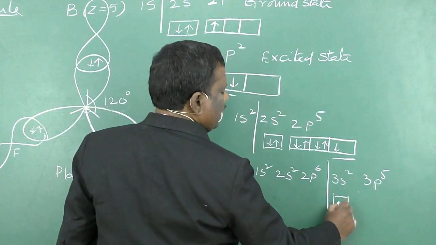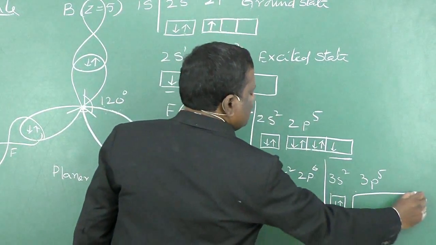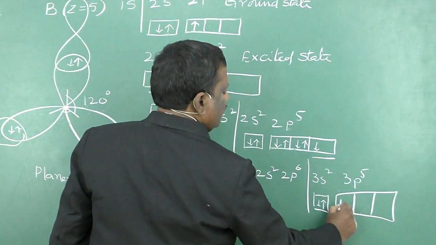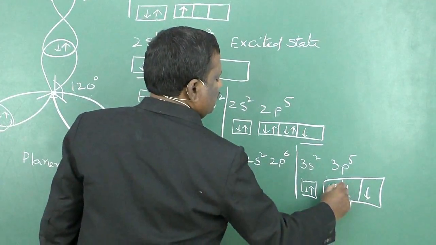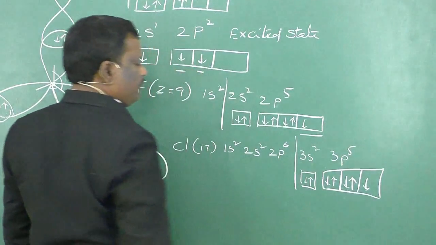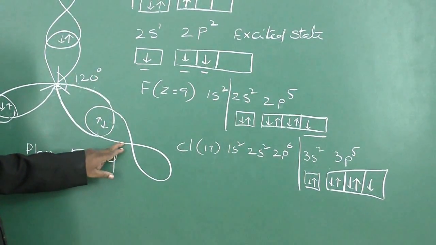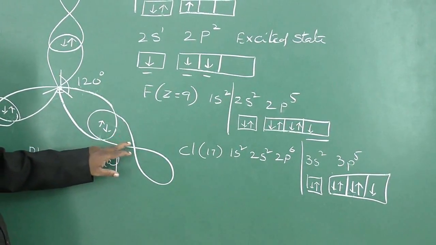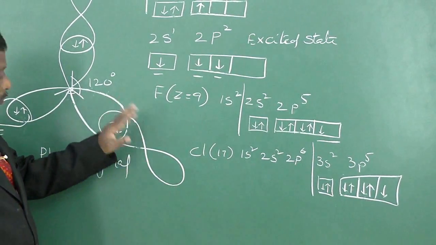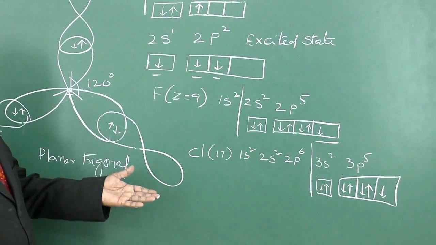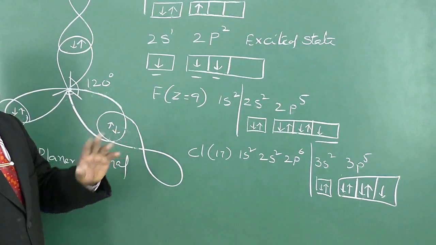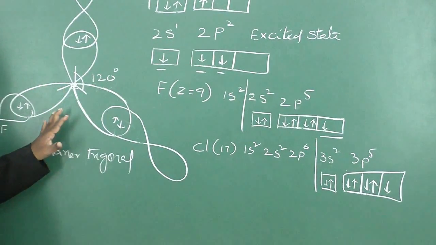So here also we have a half-filled p orbital of chlorine, 1, 2, 3, 4, 5. In fluorine, this is the half-filled 2p orbital, but in the BCl3 molecule, chlorine will have a half-filled 3p orbital. That is the only difference. The whole structure is the same.